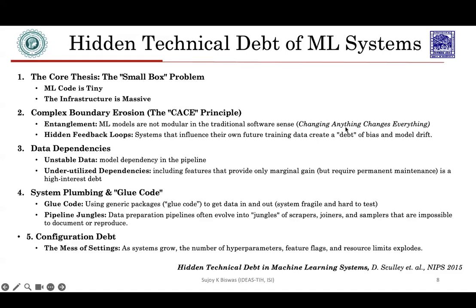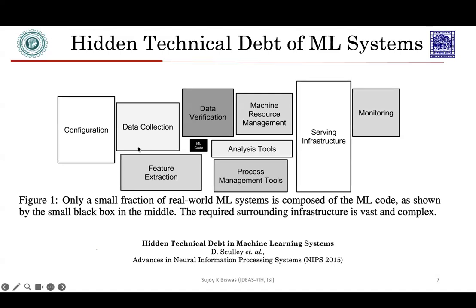Because it's a system view. Why is it a system view? This is important. System view means all the components are involved in delivering something. ML code is just a small part of that. A system comprises many components, many parts. By component, I mean parts.